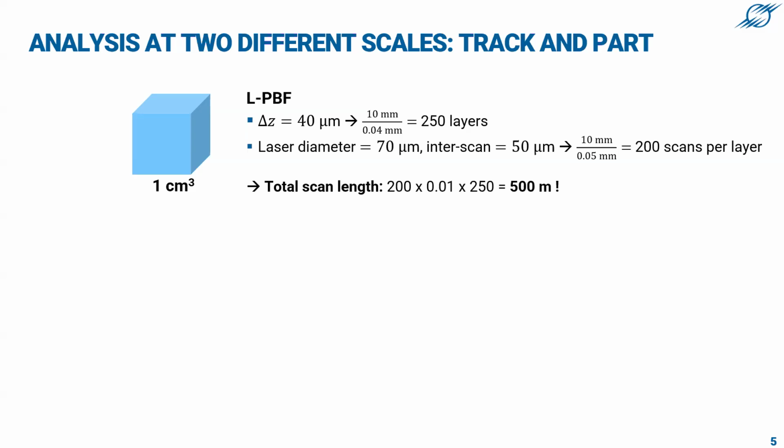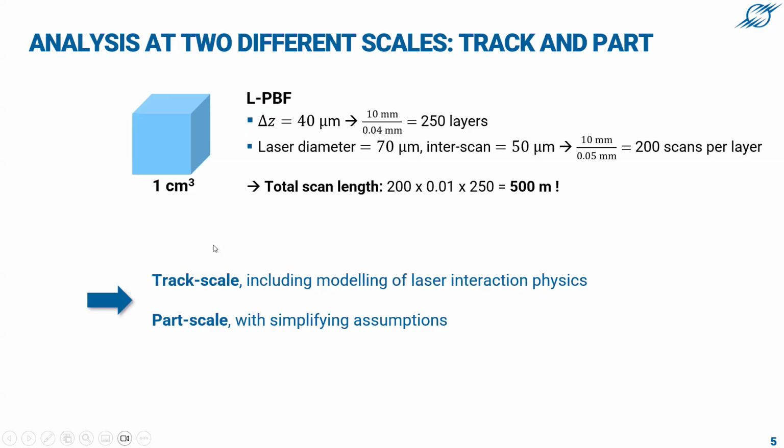So this is quite impressive, and obviously following the laser scan path is not possible at the scale of a part. So very clearly we will distinguish the track scale, in which we will include a precise modeling of the laser interaction physics, and at part scale we will be obliged to assume simplifying assumptions in order to predict the thermomechanical regime during construction of a part.